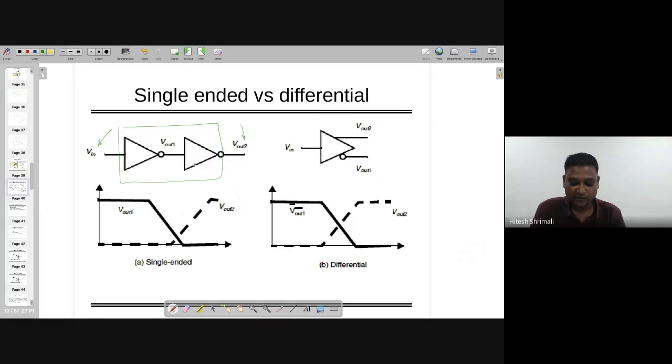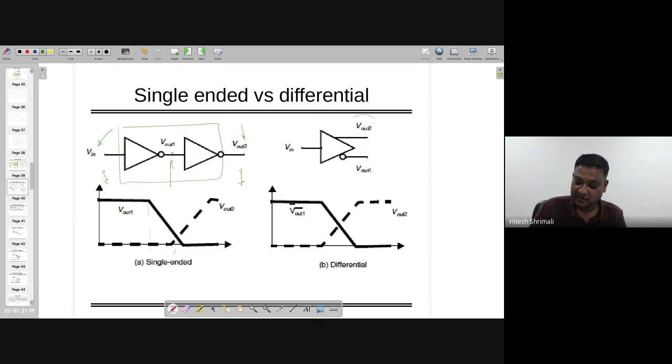So inputs and outputs are one each with respect to ground. In that case, when you are giving digital logic 1 to 0, Vout1 and Vout2 have some finite delay, and because of that it's always overlapping, as we have already understood.